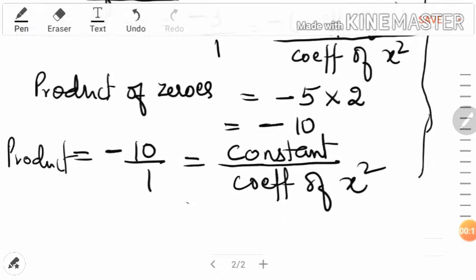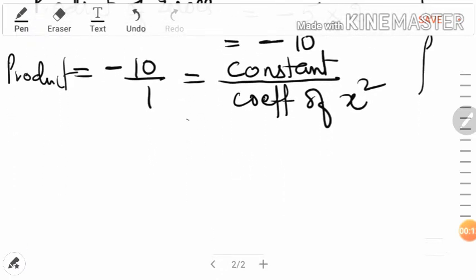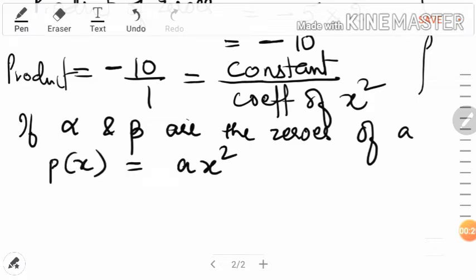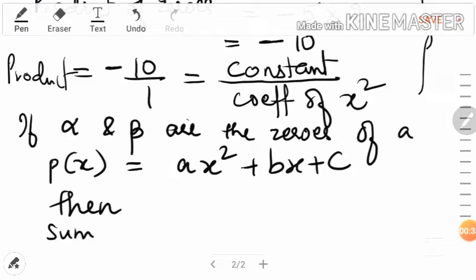So we can generalize this result. If alpha and beta are the zeros of a polynomial in x, which is quadratic, that is ax square plus bx plus c, then the sum of the roots will be alpha plus beta.